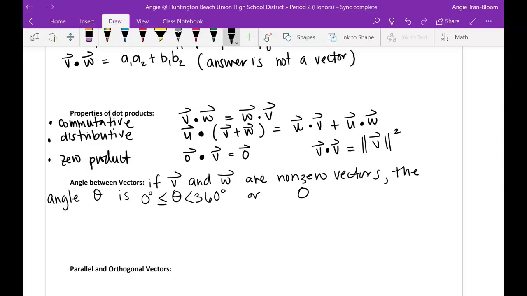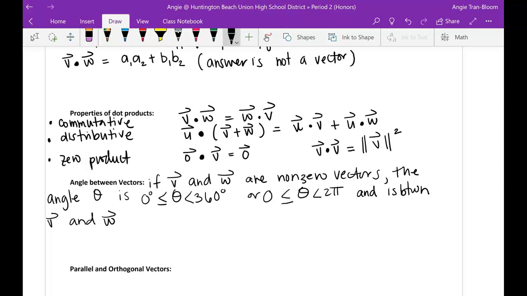Or if we are talking about radians, we can also do between 0 and 2 pi. So theta is restricted to one positive revolution, and is between vector v and vector w.